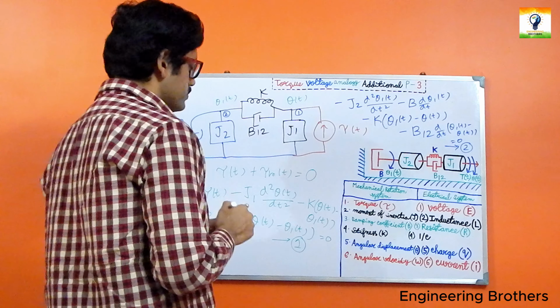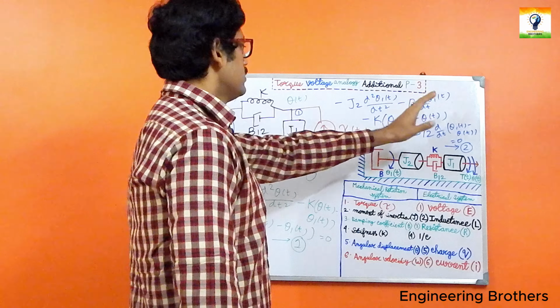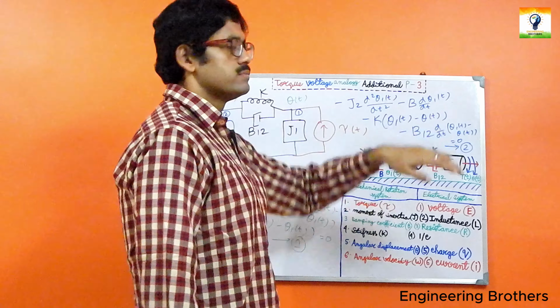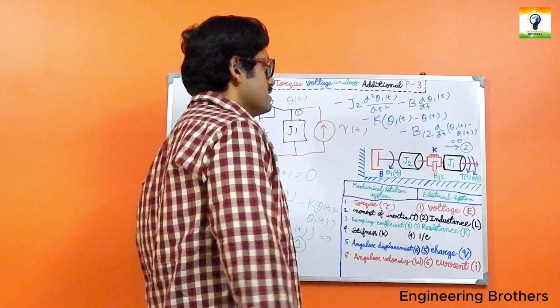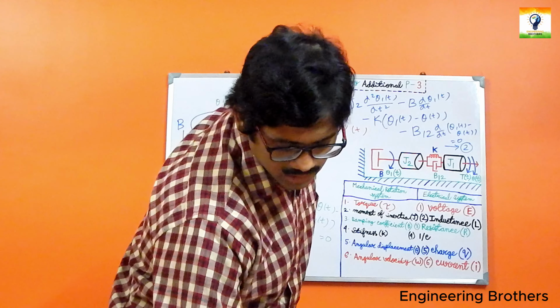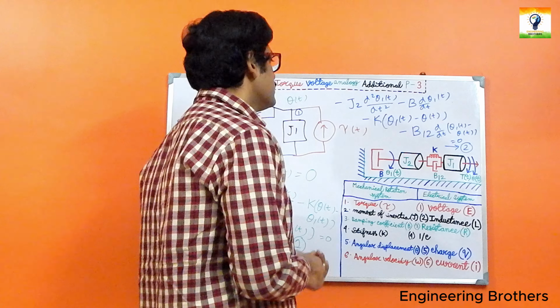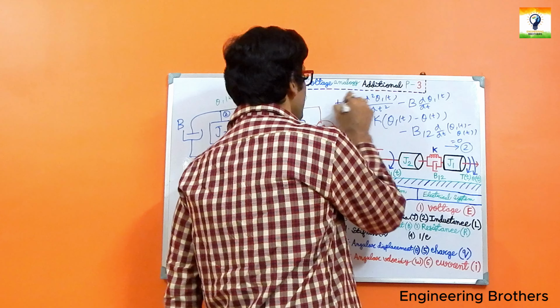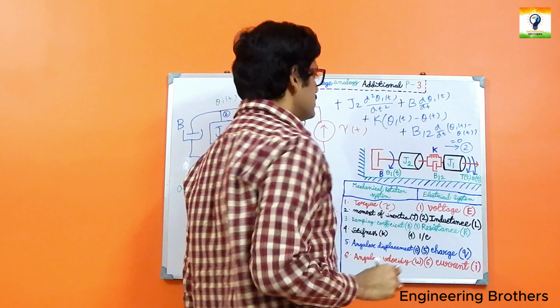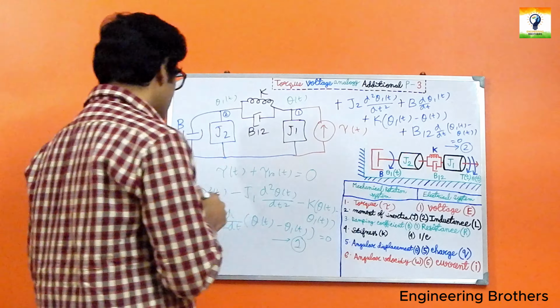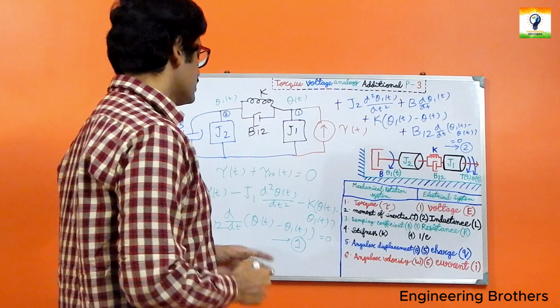Now if you take the minus common from this whole equation and transfer that minus to the other side of our equation, all these minuses will become plus. So after we have applied the D'Alembert principle, we have got these two equations.